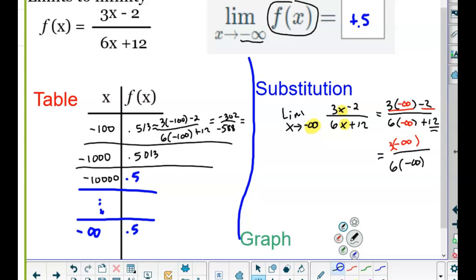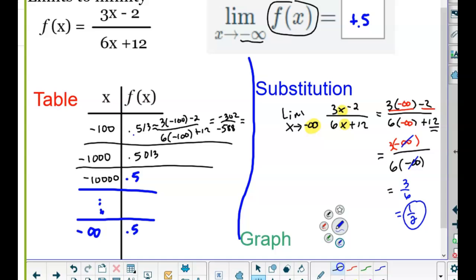Do you think that adding 12 is really going to matter? No. So the extra little pieces here really don't matter. And then I have a negative infinity over a negative infinity. Those are basically going to reduce out. And what's left over is the fact that the top is a function of 3 and the bottom is a function of 6. Well, that reduces down to 1/2.